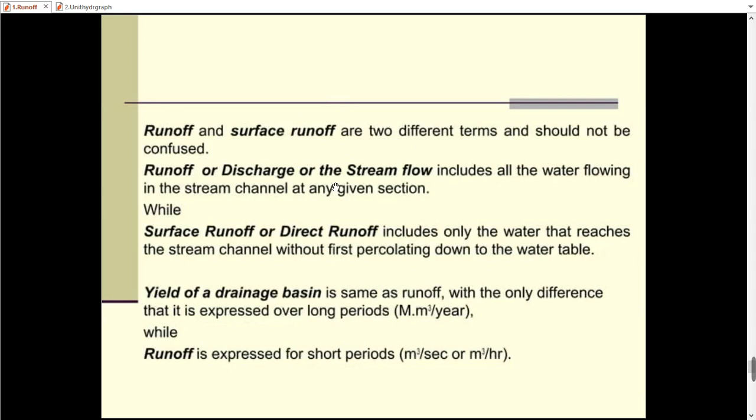A runoff discharge or stream flow includes all the water flowing in the stream channel at any given section, while surface runoff, this is a very important term, you memorize that one. The surface runoff or direct runoff includes only water that reaches the stream channel without first percolating down to the water table. Surface runoff or direct runoff.